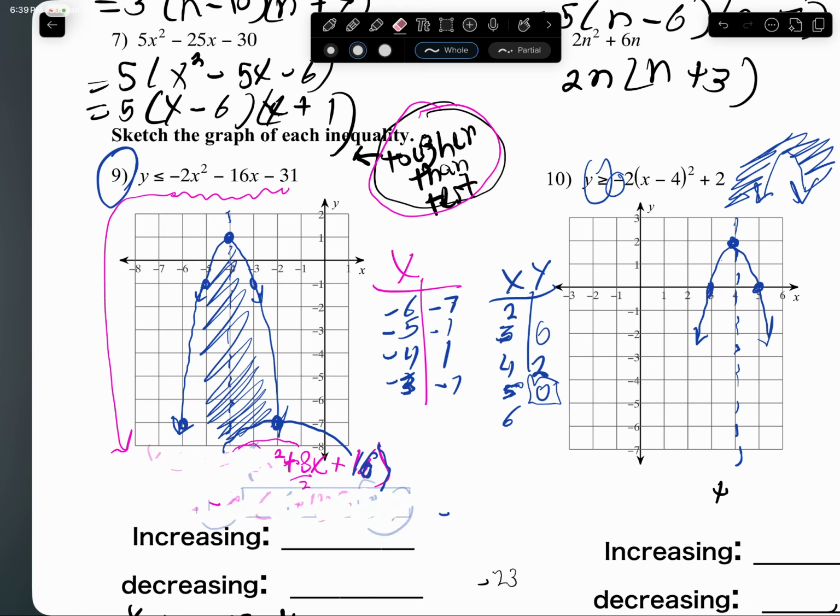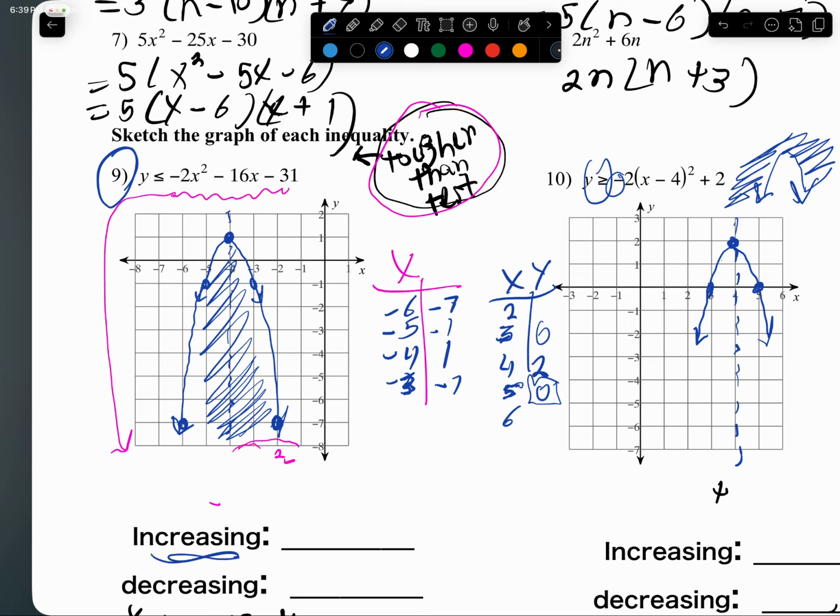All right. So where is it increasing? Well, it's increasing from negative infinity all the way up until it reaches x equals negative 2. So negative infinity to negative 2, that thing is going up.